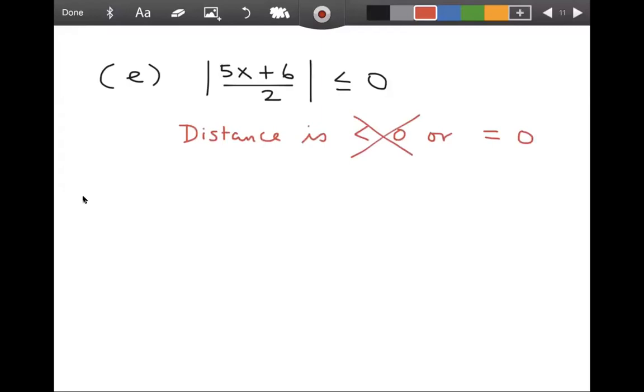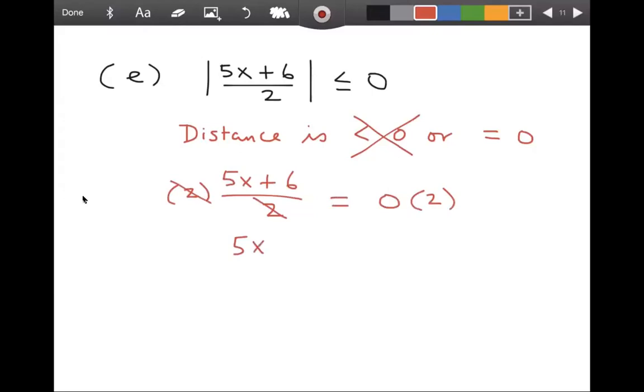So this inequality is going to have a very unusual solution for an inequality. It's just going to be one single number. Whatever number makes 5x plus 6 over 2 equals 0. So believe it or not, this inequality will only be true when 5x plus 6 over 2 equals 0. So we'll multiply both sides by 2.